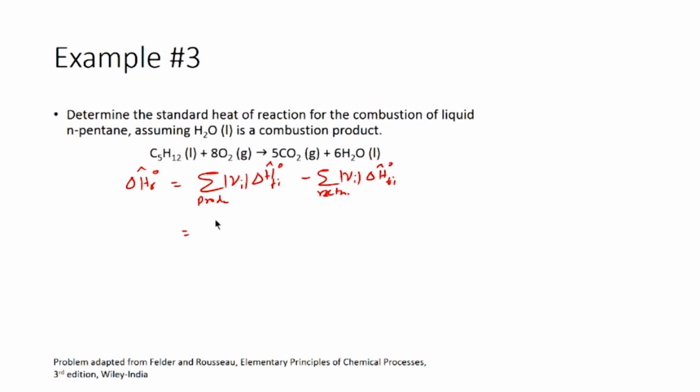So, the stoichiometric coefficients are 5 times delta H F cap of carbon dioxide plus 6 times delta H F cap of liquid water, and on the reactant side you only have pentane, which is a compound. Oxygen is an element and we do not have to worry about that because the heat of formation for oxygen would be 0, and this would be 1 times delta H F cap of pentane. So, once we have the heats of formation for these things, we can actually calculate the heat of reaction.